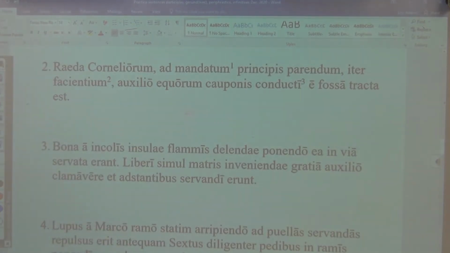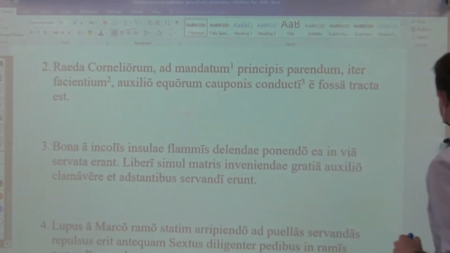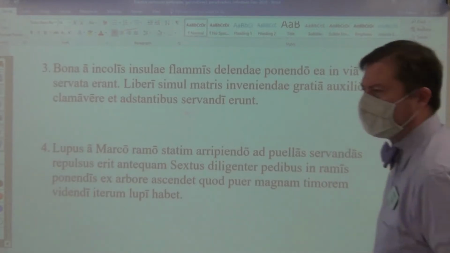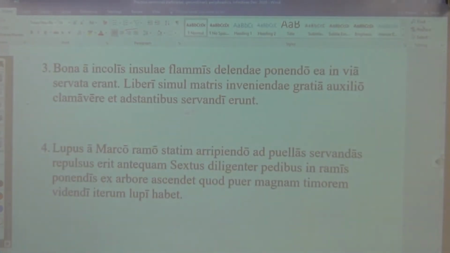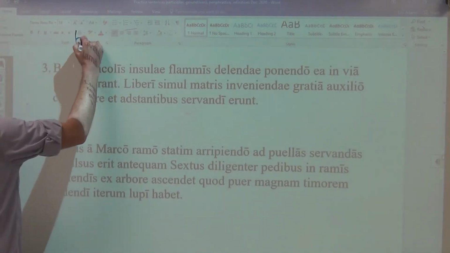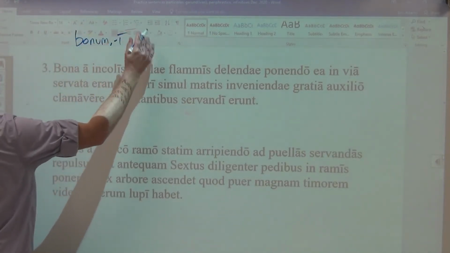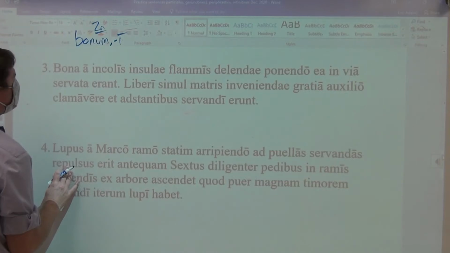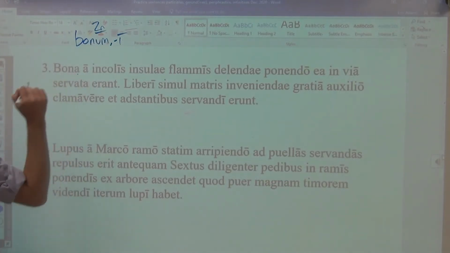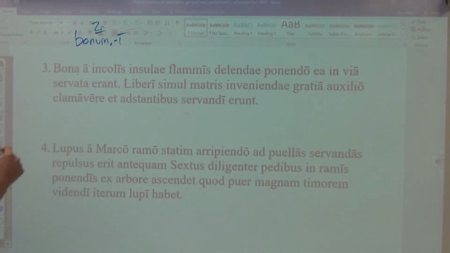Bona a in colis. So bona is from the adjective bonus, bona, bonum, but here we have substantized it to make it the noun bonum, boni, a second declension neuter noun, and so it is substantized meaning goods.